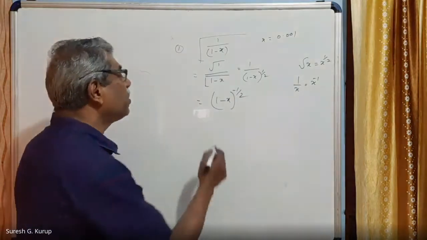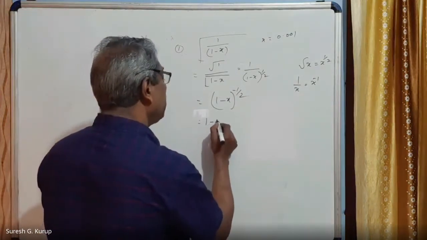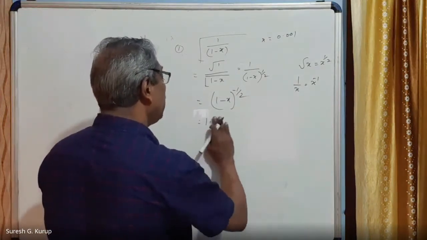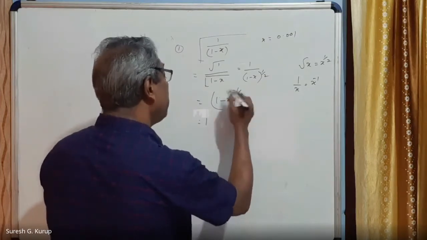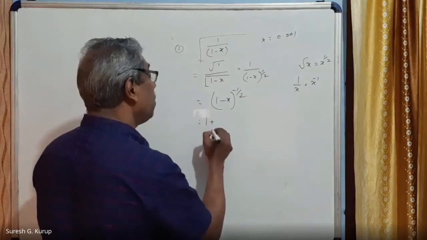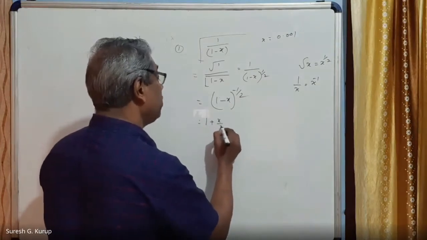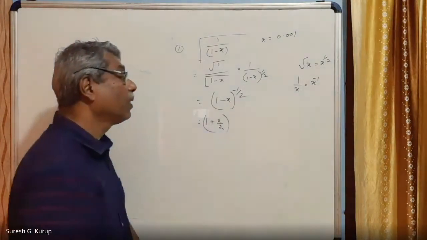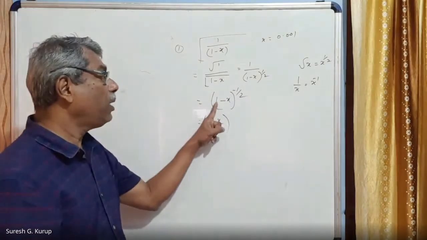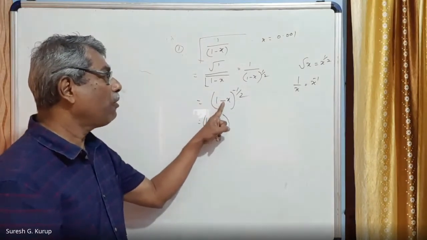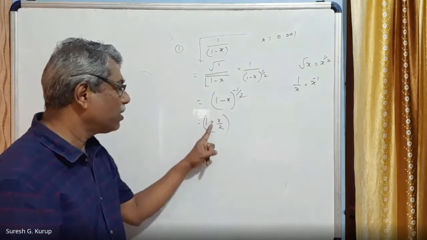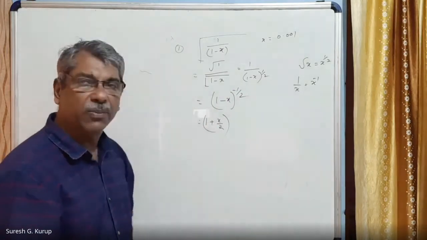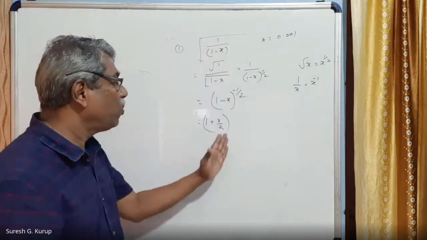That is, this is equal to 1 minus minus 1 by 2 into minus x. Minus into minus is equal to plus. That is 1 plus x by 2 you are getting. So this is the solution of this.